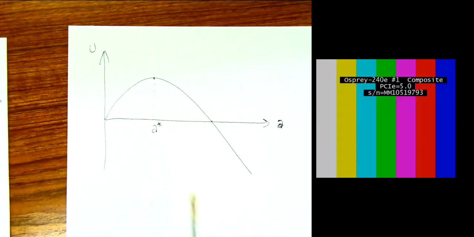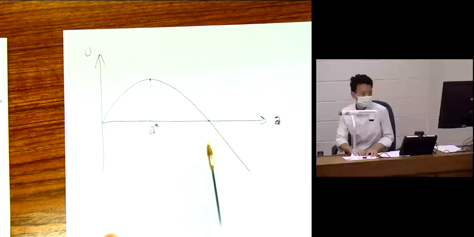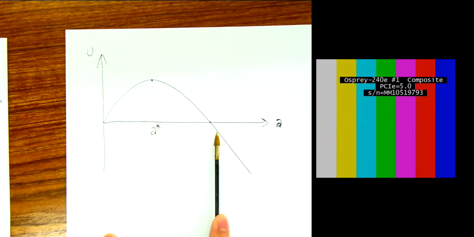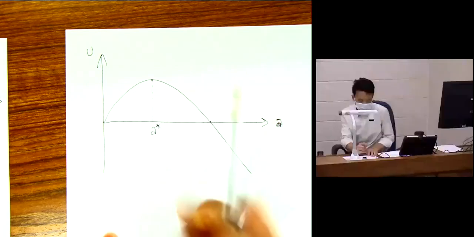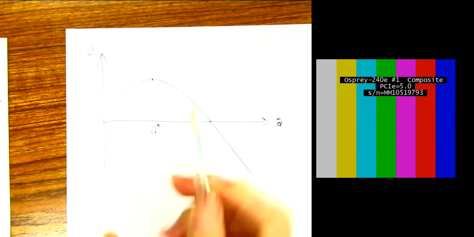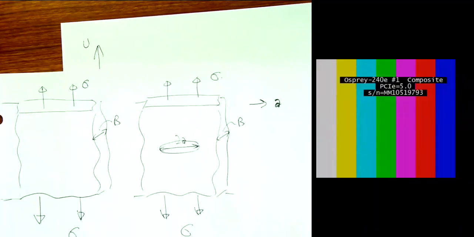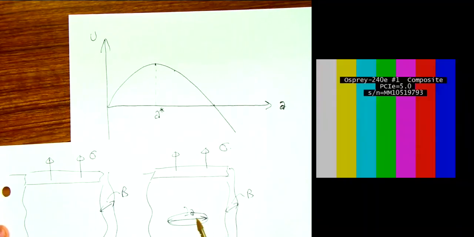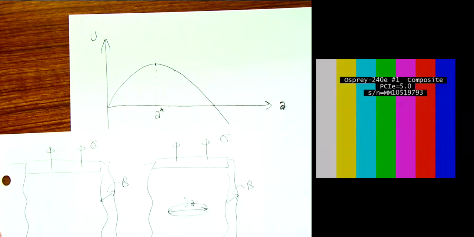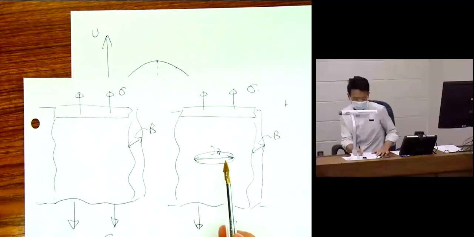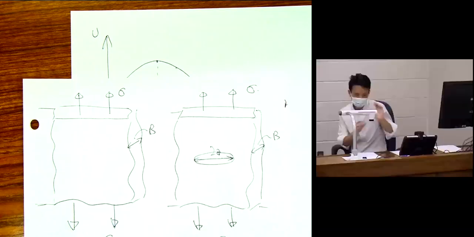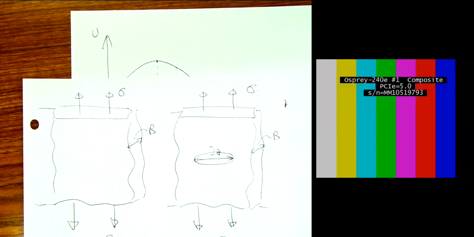Exactly. So that means that I'm at this part of the curve, right? My plate has a crack length that is larger than this, right? So what is going to happen to this plate? So this 2A is larger than 2A star. Okay, let's think about this. I know A star. I calculated it. I'm going to tell you how to calculate it in a moment.